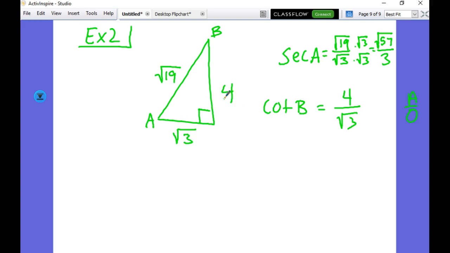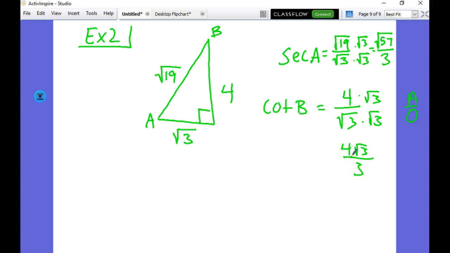All right, next we have Tammy. I need to multiply the top and the bottom by the square root of 3, and if I do that, what do I get as my final answer? Radical 4 over radical 3. Yeah, there you go. Over 3. You can't actually multiply those numbers, right?